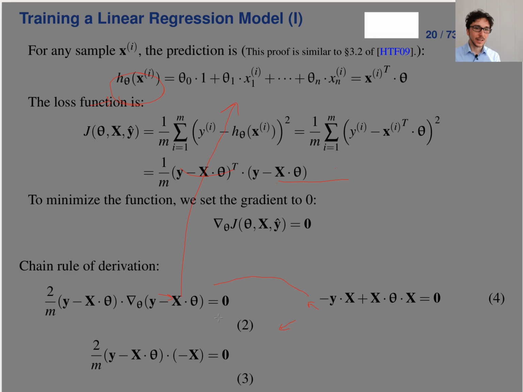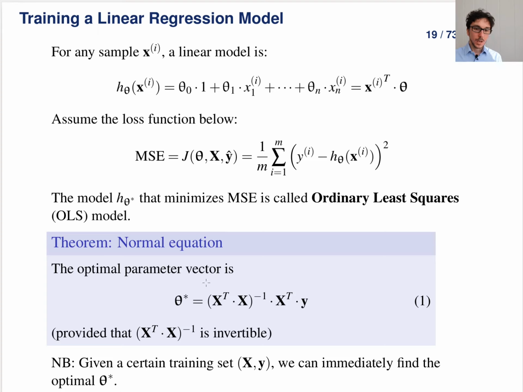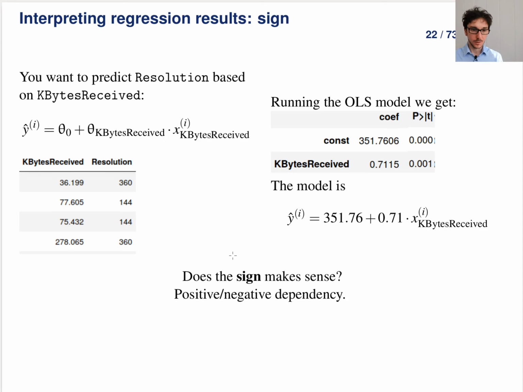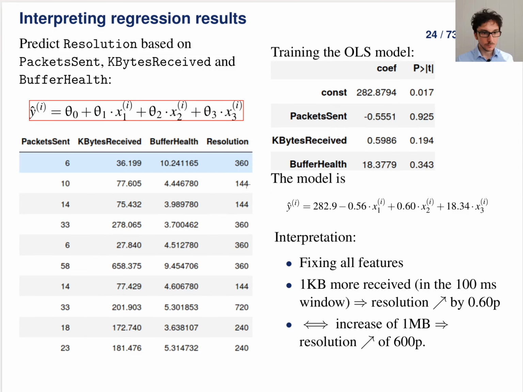In these slides that are in gray, I put the proof of this theorem. But all the slides in gray will be skipped in these lessons because they are outside of the course this year. So you can ignore all the gray slides.